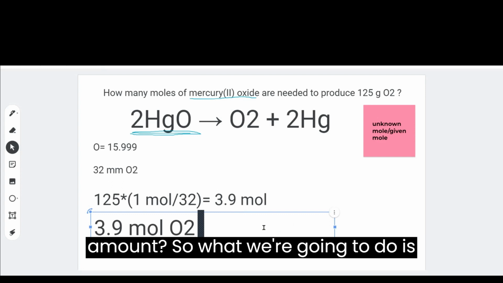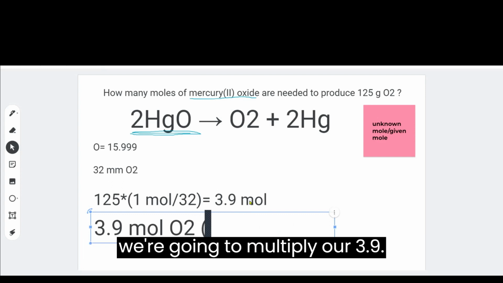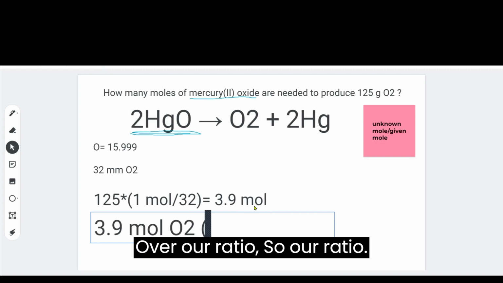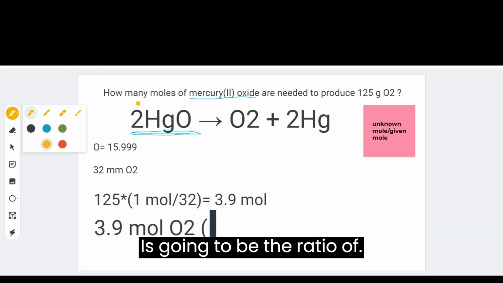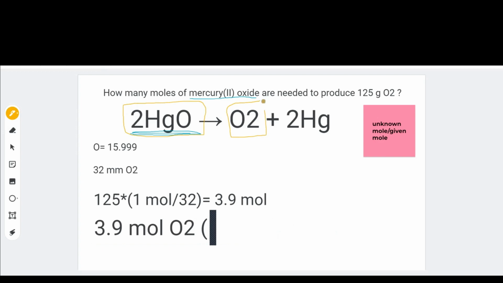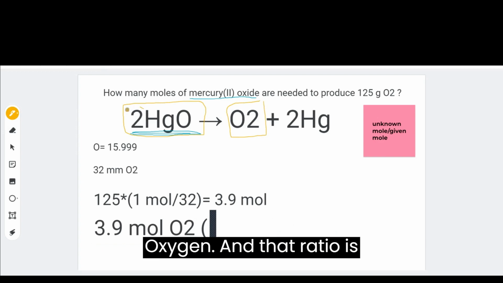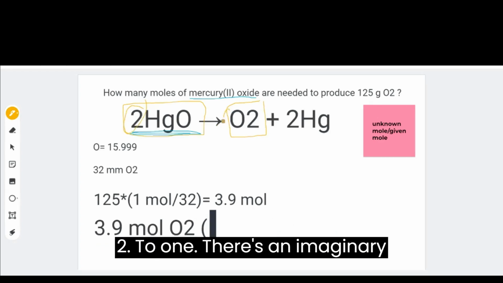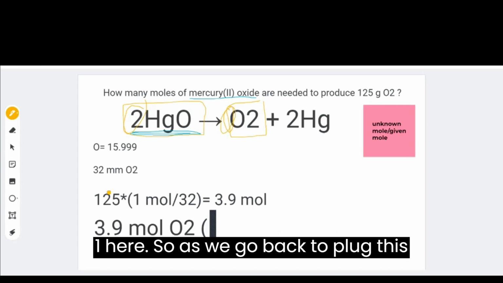So what we're going to do is multiply our 3.9 over our ratio. So our ratio is going to be the ratio of mercury oxide to oxygen. And that ratio is 2 to 1. There's an imaginary 1 here.